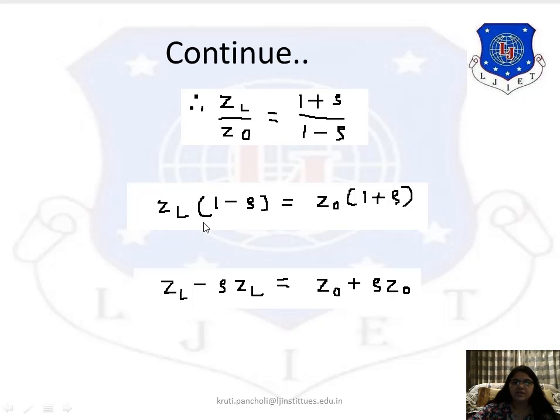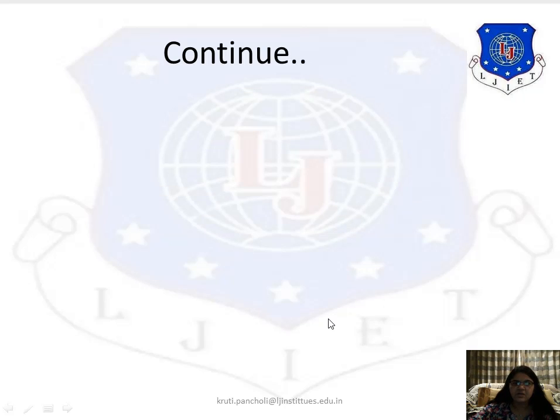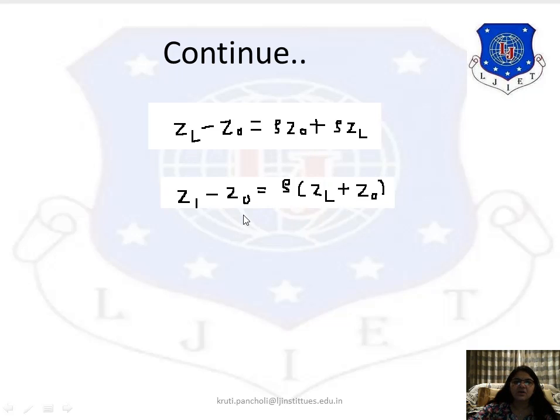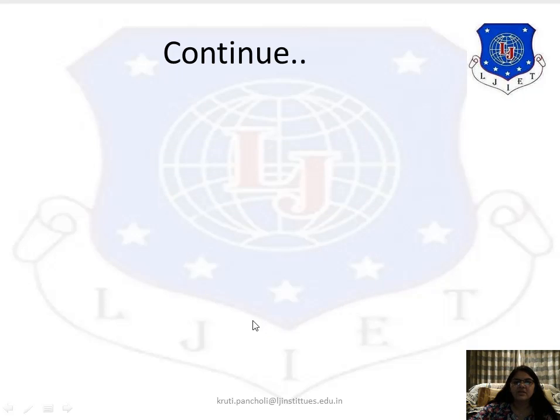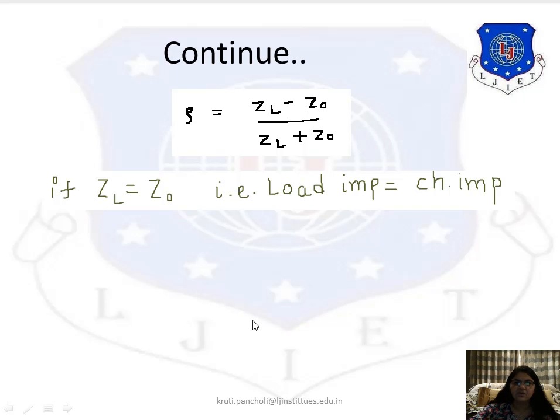So ZL minus rho ZL is equal to Z0 plus rho Z0, and ZL minus Z0 is equal to rho Z0 plus rho ZL, which is rho times ZL plus Z0. So rho is equal to ZL minus Z0 upon ZL plus Z0. This is the reflection coefficient.